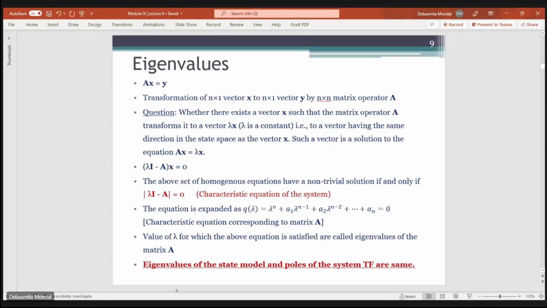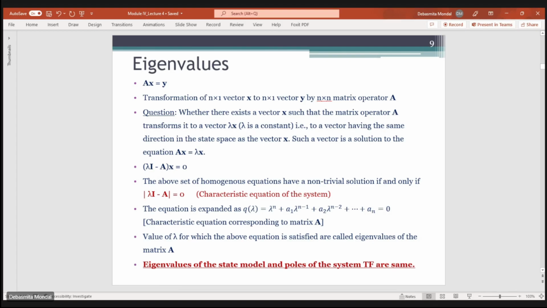This set of equations will have a non-trivial solution if and only if the determinant of lambda I minus A is equal to 0. If this condition is satisfied, which is nothing but the characteristic equation of the system, then the equation will have a non-trivial solution.